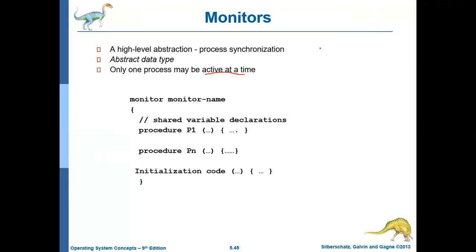More than one process can be there in semaphores if the programmer used the constructs wrongly. If the programmer uses the wait and signal constructs wrongly, then it may so happen that more than one process may enter the critical section. But in monitors, that cannot happen. Even if the programmer makes a mistake, first of all, the programmer cannot make a mistake because everything is not given into the hands of the programmer.